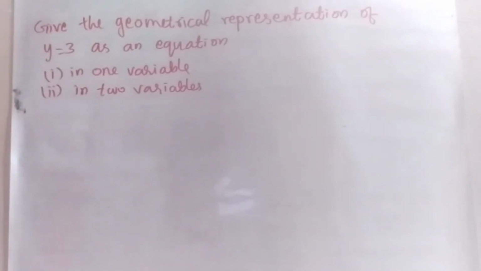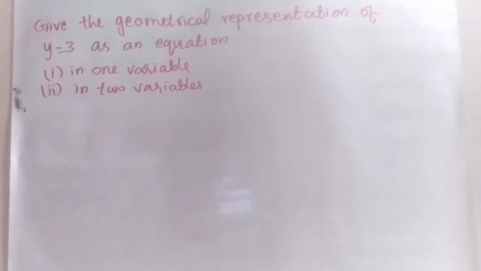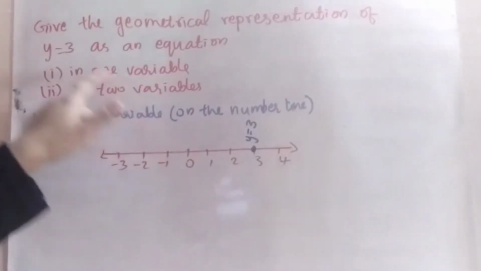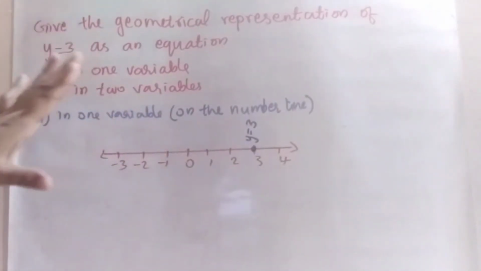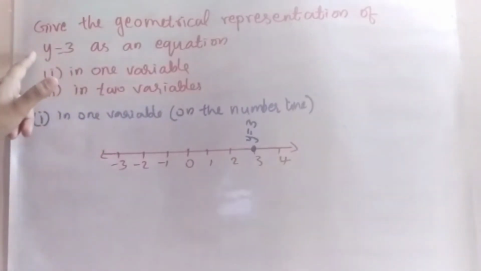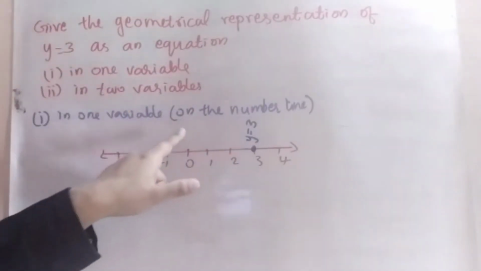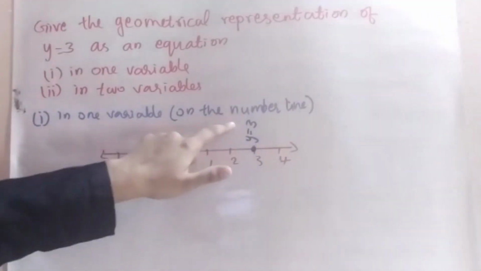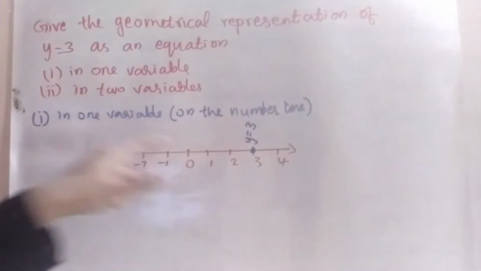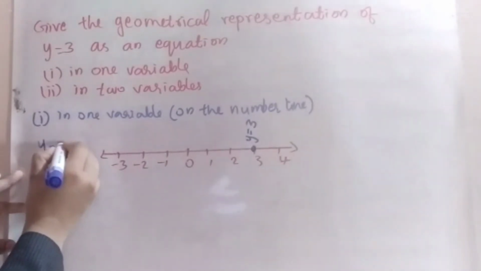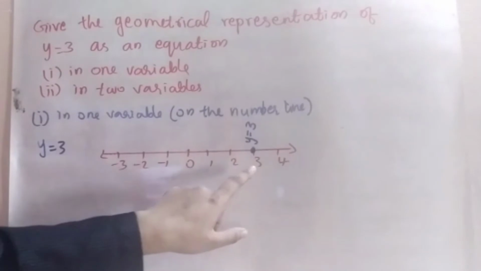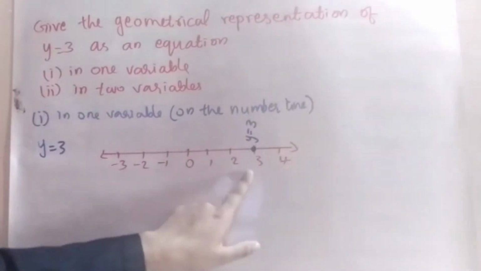So let's find out the graph. First question: in one variable, we need to represent the equation y is equal to 3 on the number line. That means a linear equation in one variable, y is equal to 3. We draw one number line and plot where 3 is. 3 is in the positive direction.